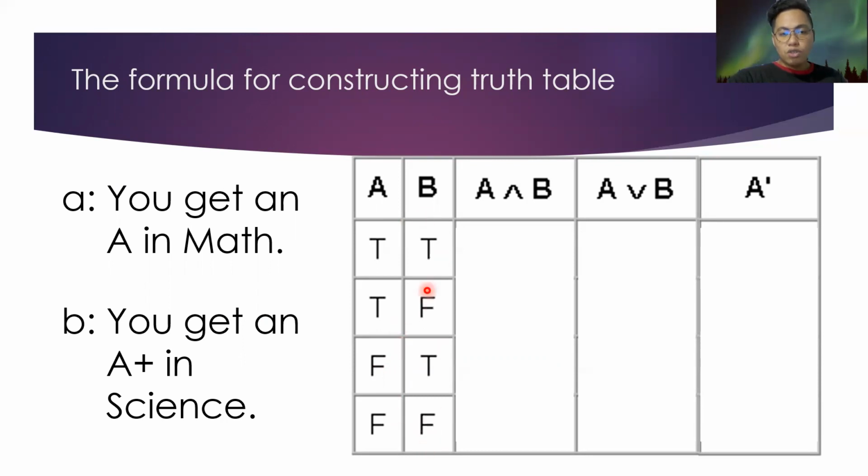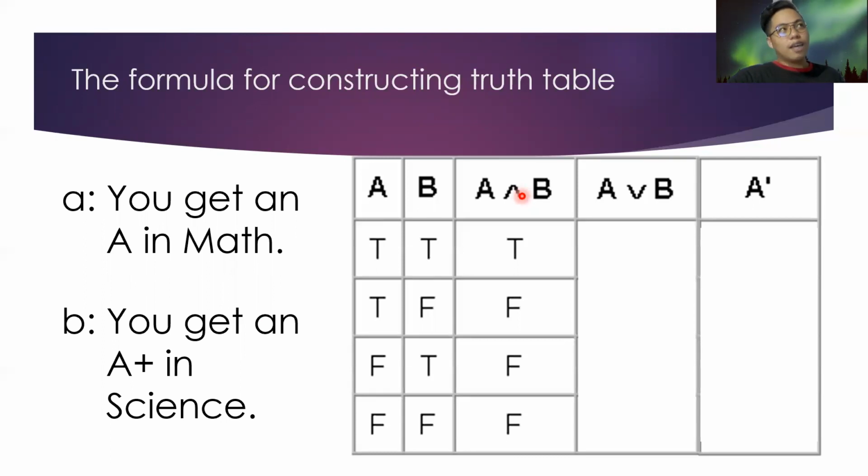So you have to fill in all the combinations of the truth values of the statements that you have. And then after that, we can now identify the formula for the truth value. So if we are going to make a conjunction between A and B, we are making use of and.